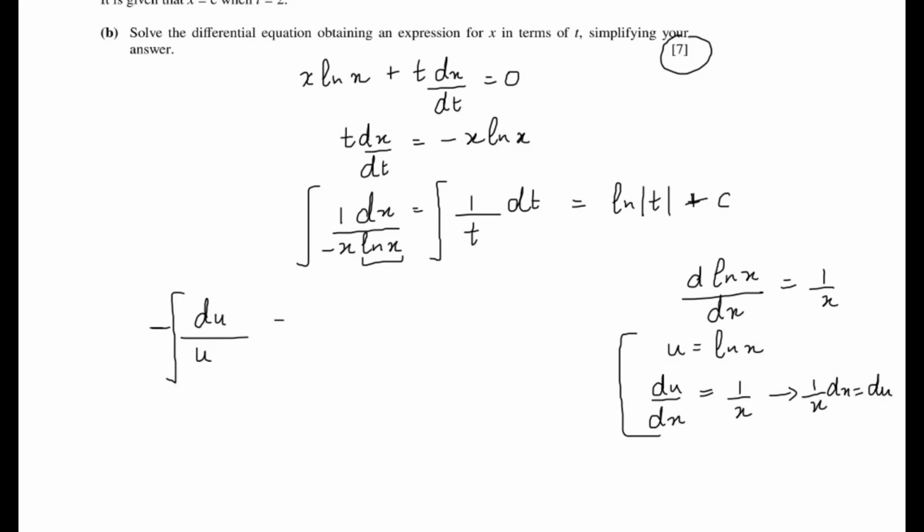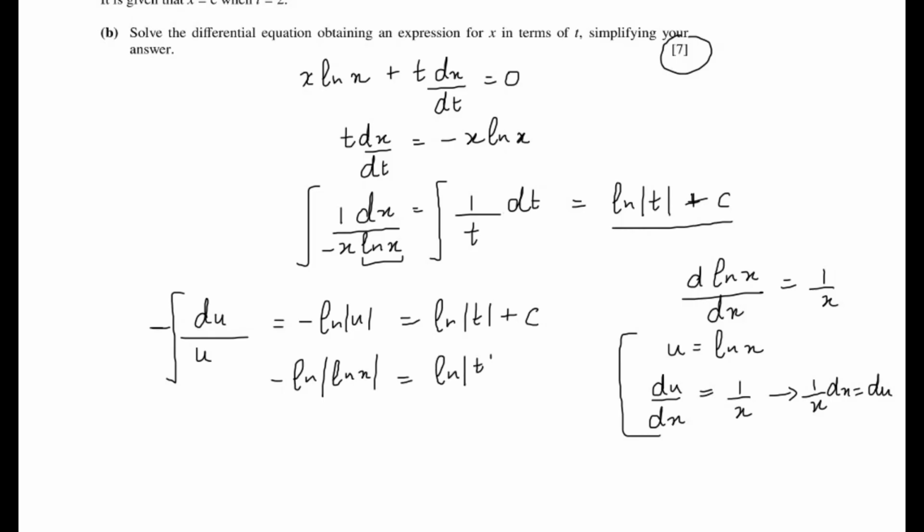So it becomes negative log u, the modulus, which is equal to whatever we got on the right-hand side, which is log of mod t plus c. I'm going to replace u with log x because it is a substitution question. So negative log modulus log x is equal to log of t plus c.